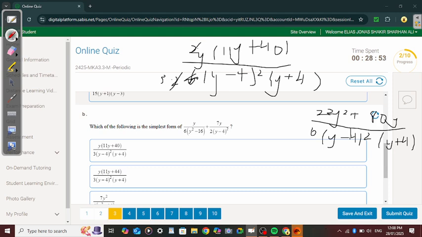Cancel out the 2. That will leave us with y up top and 3 in the denominator. So your answer is going to be y(11y plus 40) over 3(3y minus 4) squared (y plus 4).